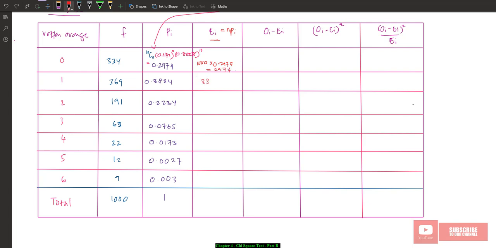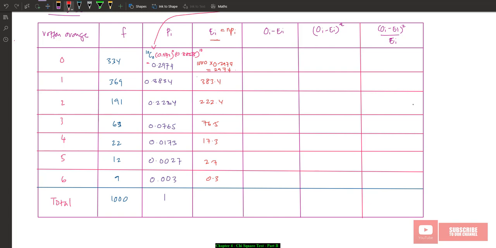This is 383.4, this is 222.4, this is 76.5, this is 17.3, this is 2.7, and this is 0.3.